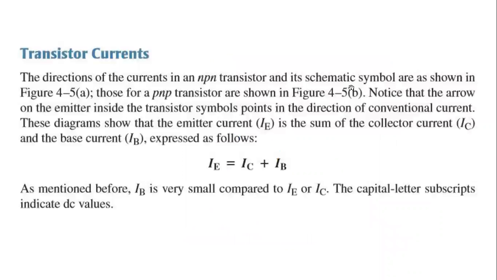We all know that in the transistor, emitter current is always the summation of collector current and base current. IE equals IC plus IB. This equation is universally true for all configurations and for all types of transistor, either NPN or PNP.